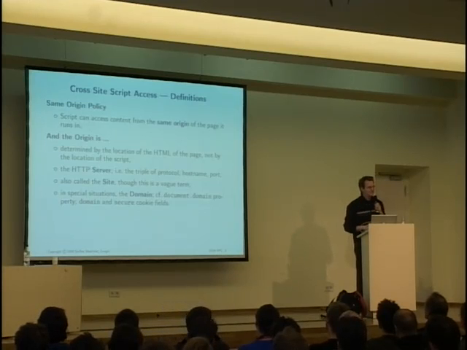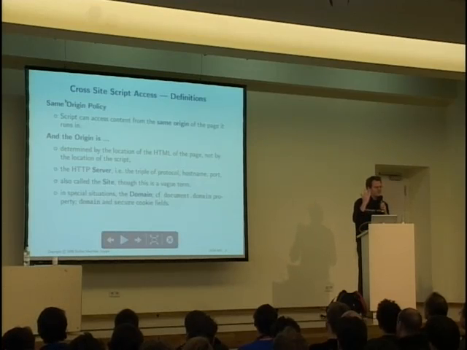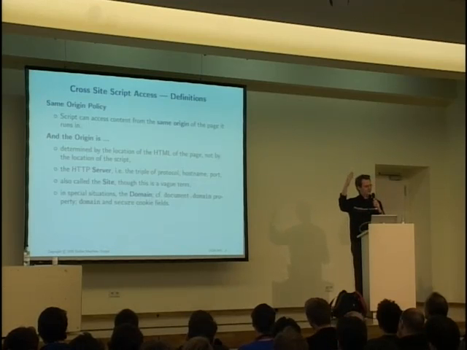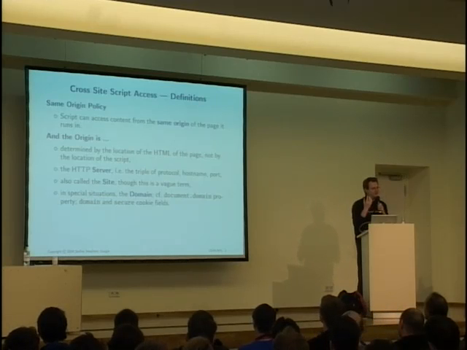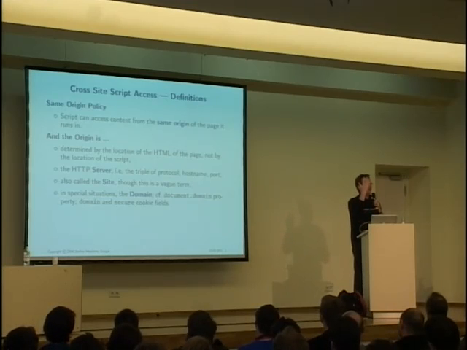And same origin, in this case, first of all, is determined by the origin of the HTML. That's actually an essential bit of what I'm going to explain in the course of this talk. So the origin of a web page is determined entirely by the origin of the HTML page.